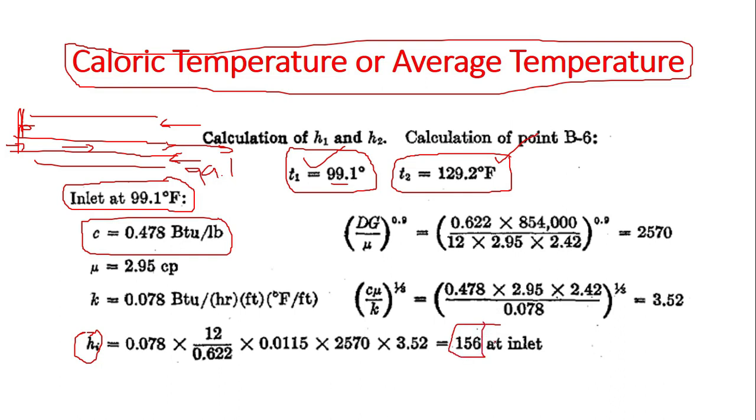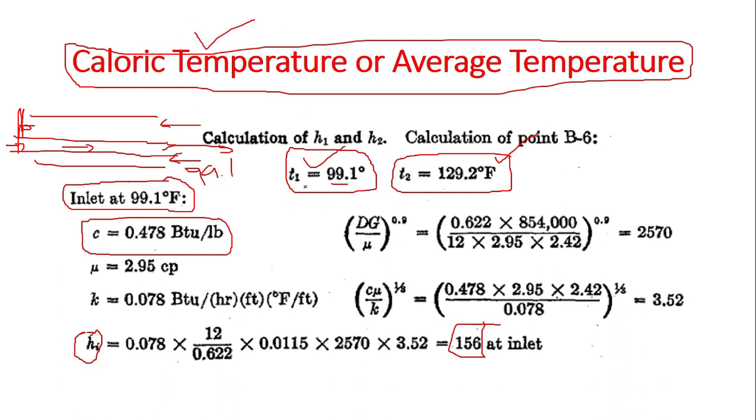This is the film coefficient determined at 99.1 degrees Fahrenheit. So why can't we take 129.2? In this topic I am going to explain why we have to take the average, or caloric, temperature.